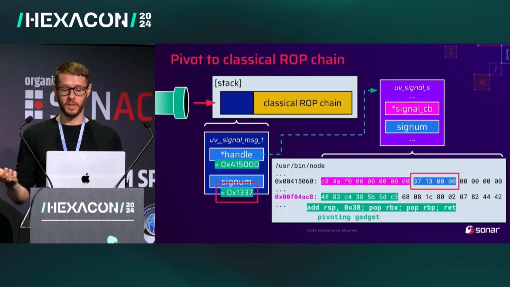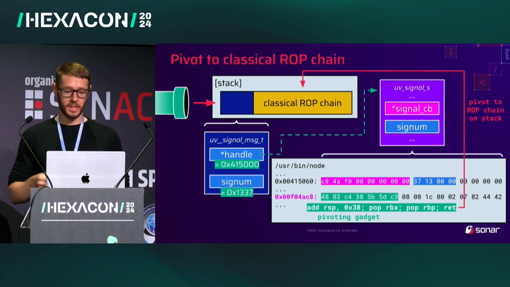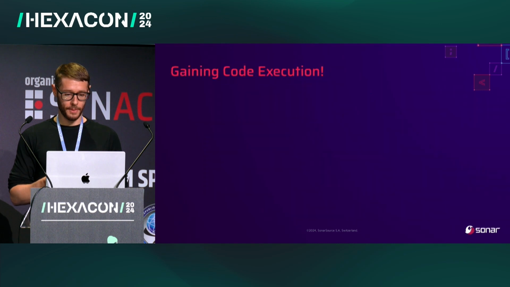In order to fulfill the signum check before the callback function is invoked, we just need to set the value to match our fake data structure. Once the callback function is invoked, our pivoting gadget is executed, which pivots the stack pointer to the classical ROP chain on the stack. Due to the huge size of the Node.js image, we have access to plenty of classical ROP gadgets and can easily craft a ROP chain.